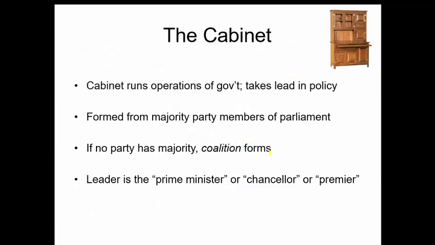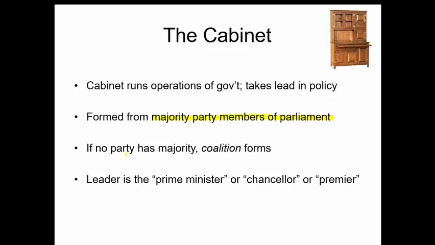Now, the cabinet runs the operations of government, and it takes the lead in policy. So the cabinet in a parliamentary system has quite a bit more controlling power. They are running the show, so to speak. They are the administrative body of the ruling party that is in control of the parliament, formed by the majority party members of parliament.